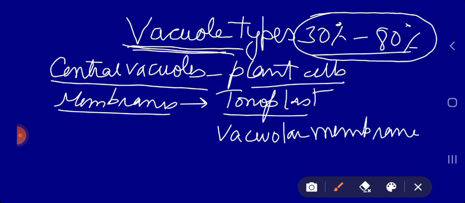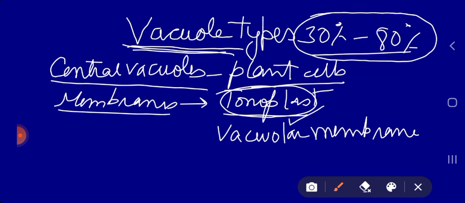The tonoplast is mainly involved in regulating the movement of ions around the cell and isolating materials that might be harmful or a threat to the cell.